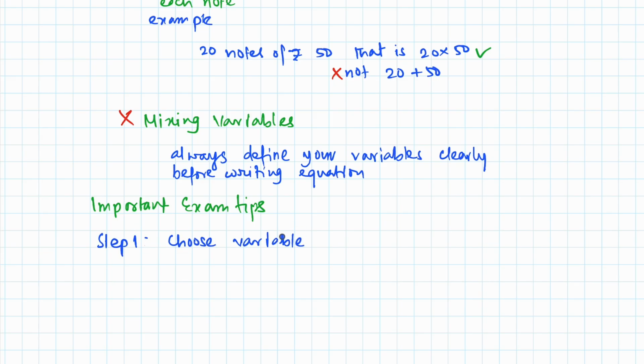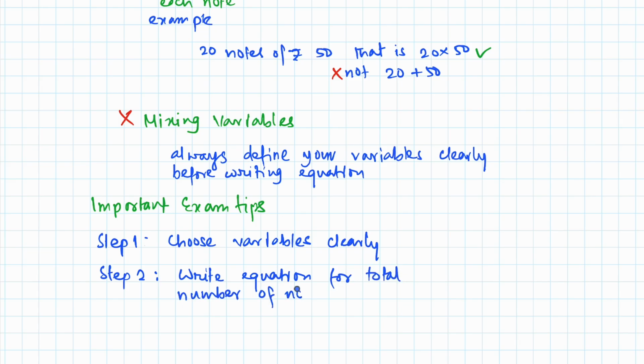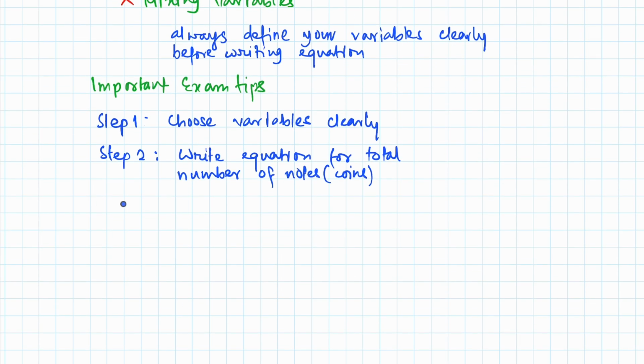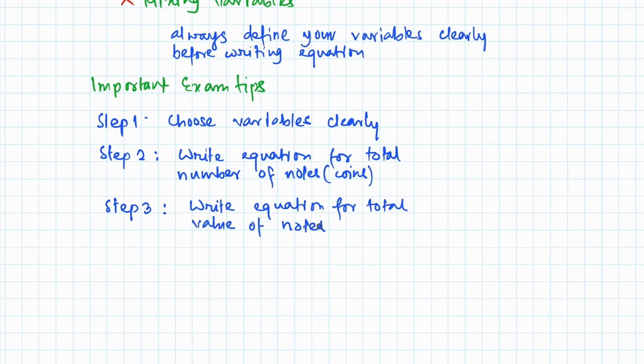Now, important exam tips. We follow all the 5 important steps that we have also shown during the age problem. So here also, step 1, choose the variables clearly. Step 2, write the equation for total number of notes or coins. Step 3, write the equation for total value of notes or coins. So one is the number of notes and coins, another is the value of notes and coins.